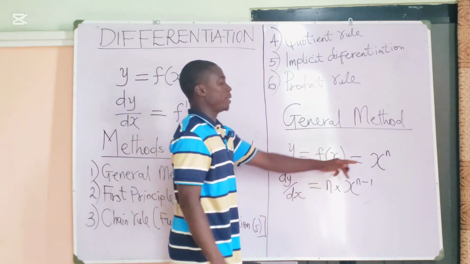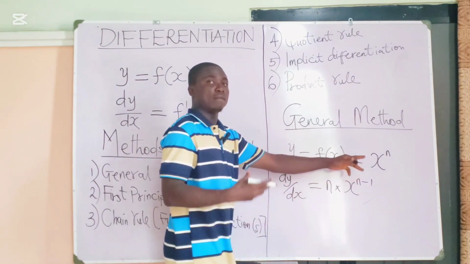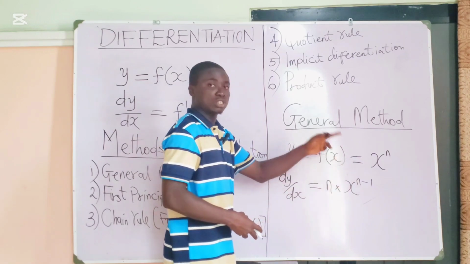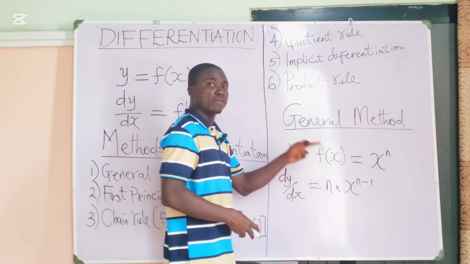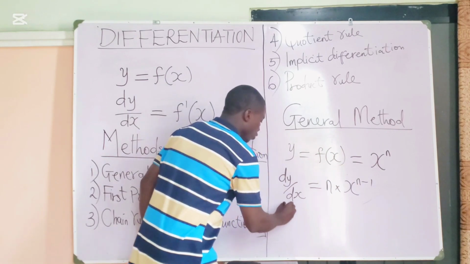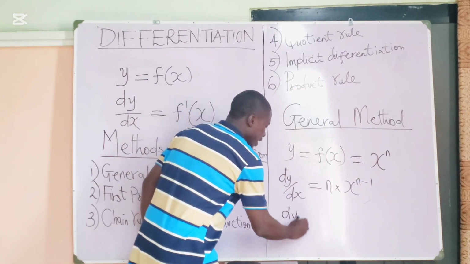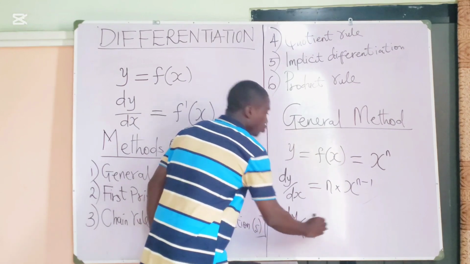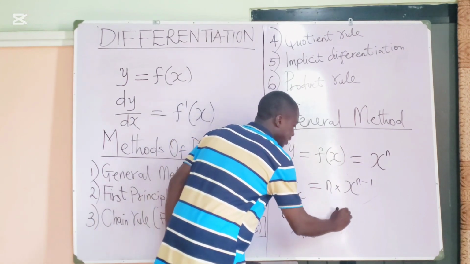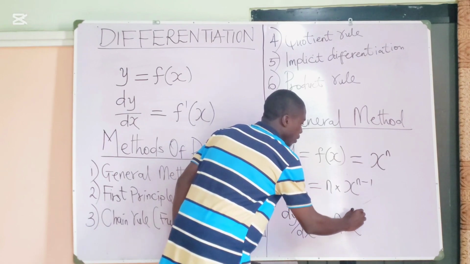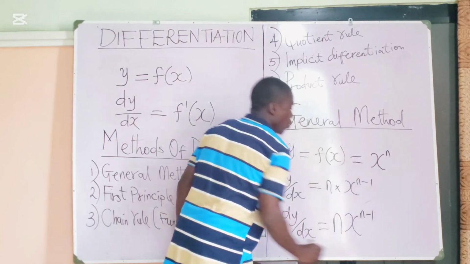Therefore dy all over dx is equal to nx raised to the power n minus 1.